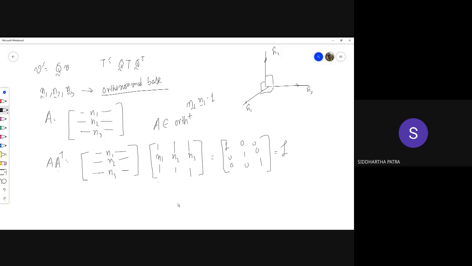Now, if I multiply sigma with A transpose, okay, so that is like this quantity.